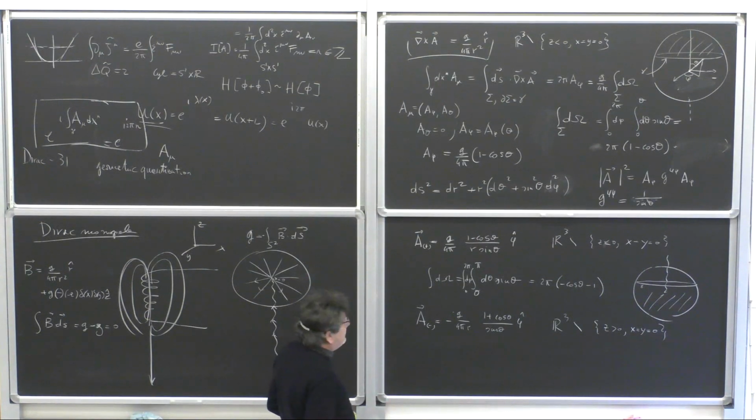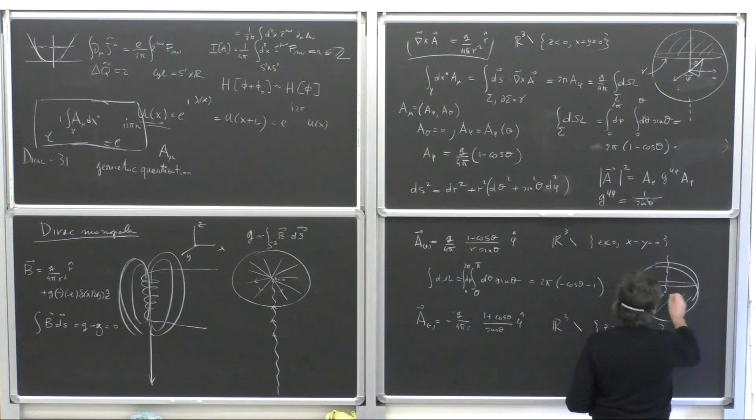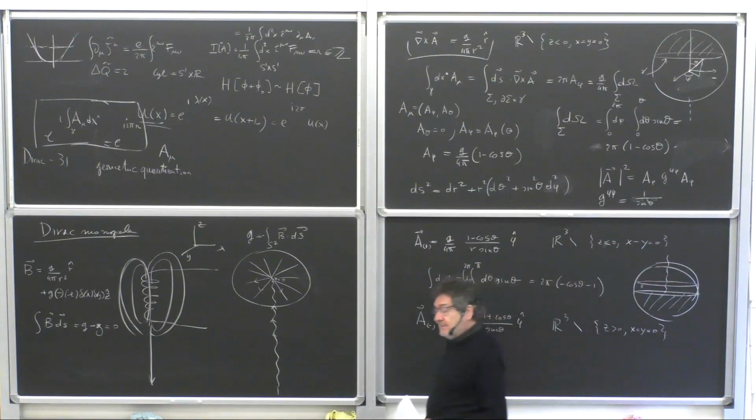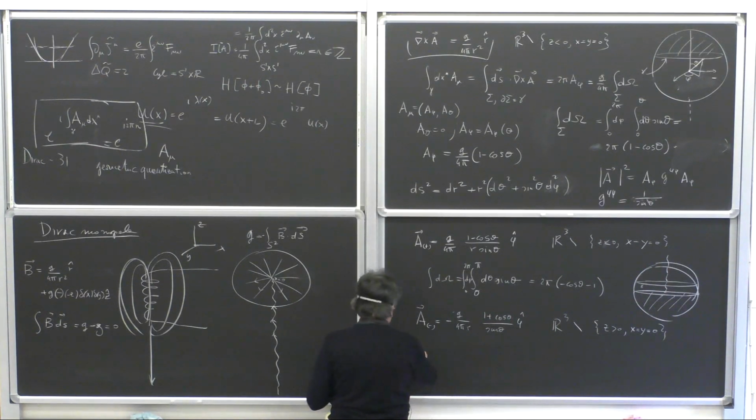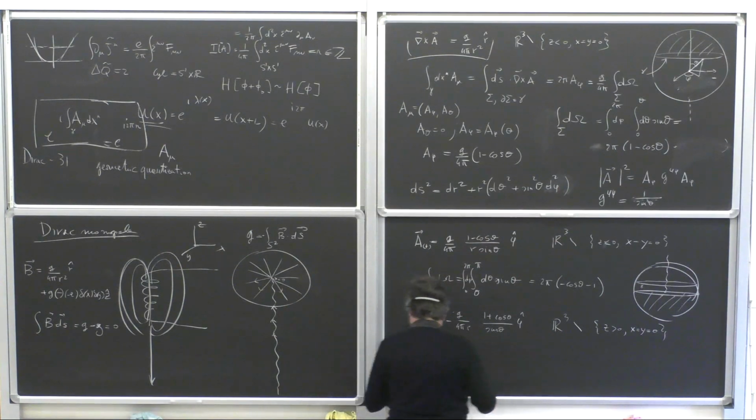The point is that if I superpose them and compare on the equator, they differ by a gauge transformation. Let's check this. A plus phi minus A minus phi is what?